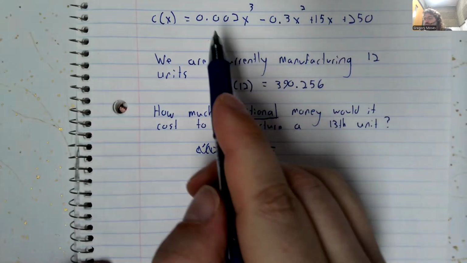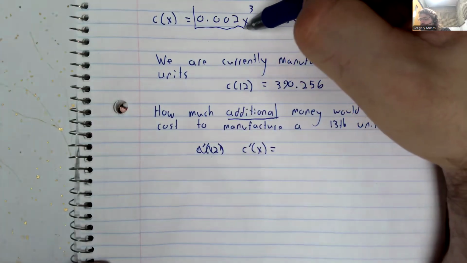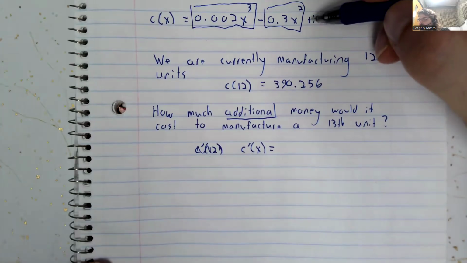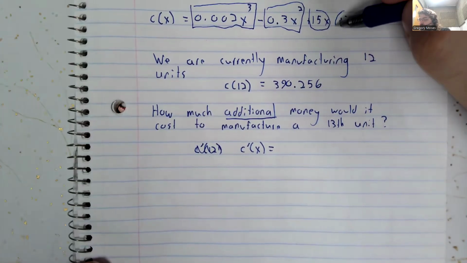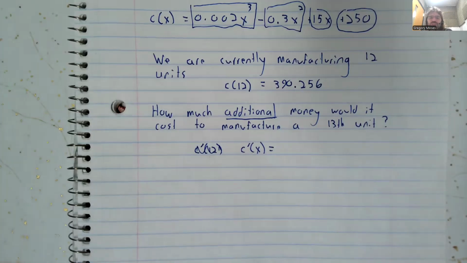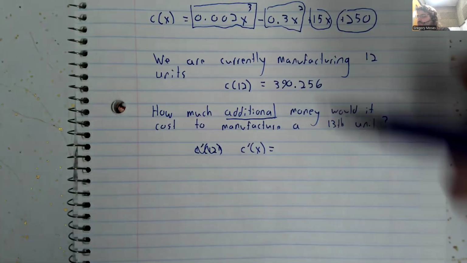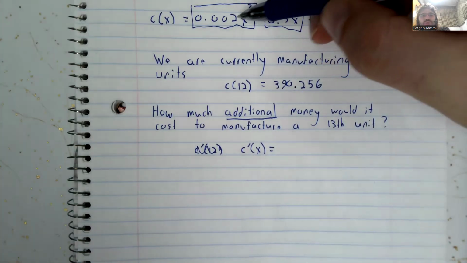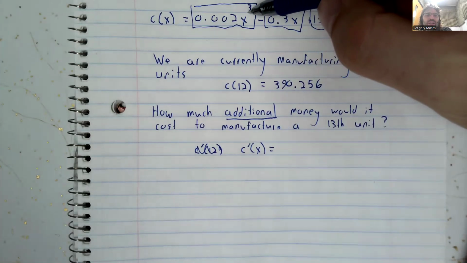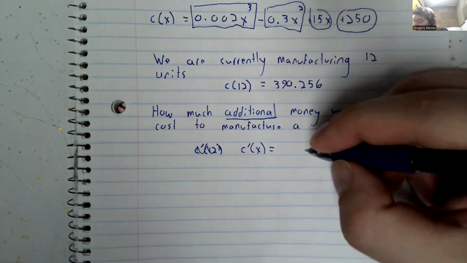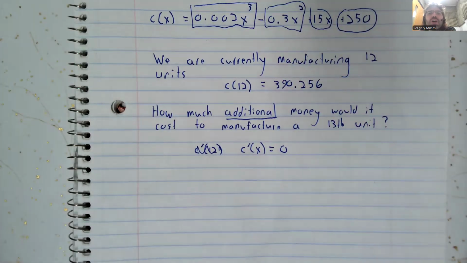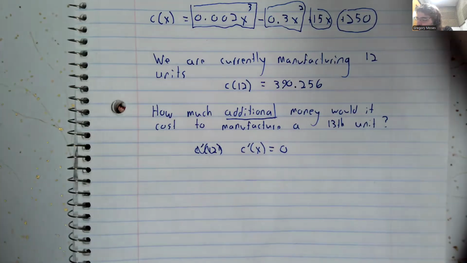We're adding and subtracting stuff, so we just take the derivatives of the things we're adding and subtracting, and we add and subtract the derivatives. The derivative of 0.002x cubed: this is the power rule. The 3 comes down, and then the power is reduced by 1. The 0.002 is a constant, so it just sits there.